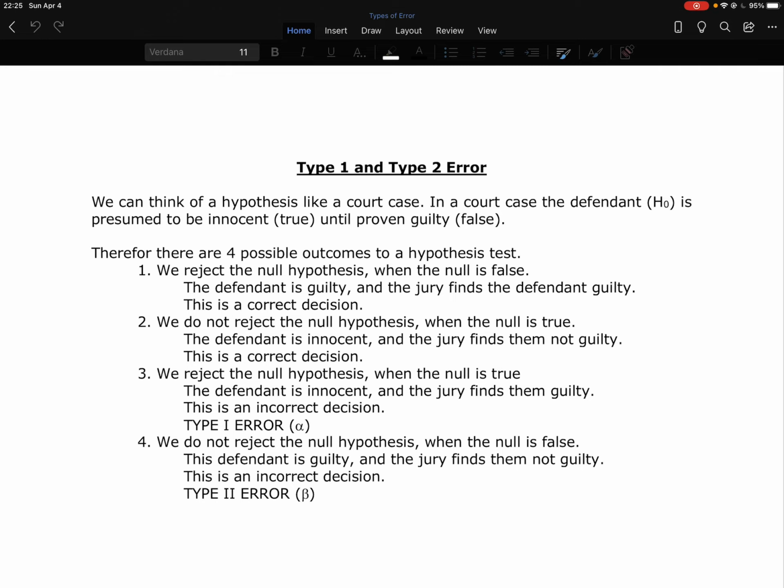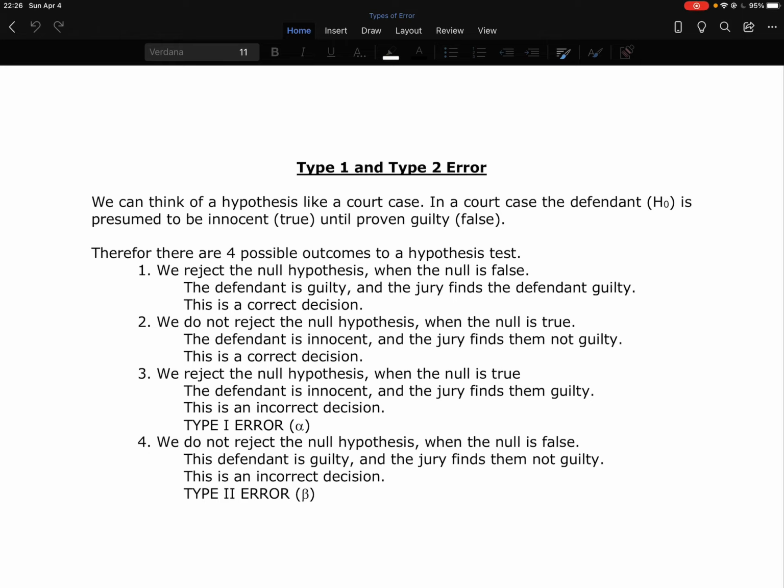One of the things that we want to think about when we think about a hypothesis test is we want to think about hypothesis tests in an analogy to a court case. We want to think about our null hypothesis as a defendant. So the null hypothesis is being defended, and we are going to presume that it is true unless we can find enough evidence using our data to prove that it is false.